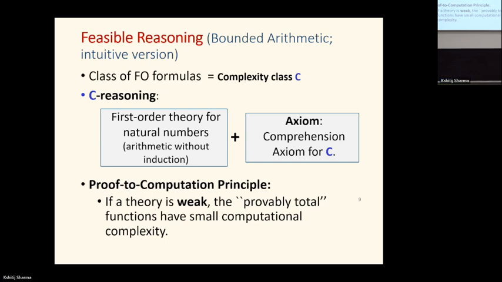Now, if it is not weak, then you cannot characterize the complexity class of the provably total functions. Maybe they are recursive, but they don't have a complexity bound. That's the standard arithmetic.